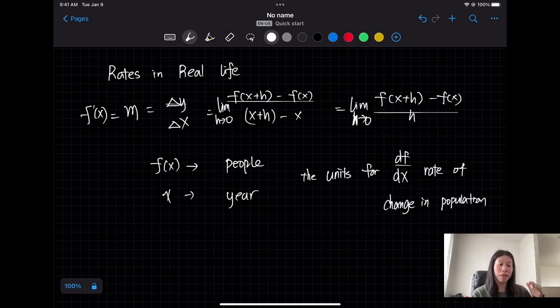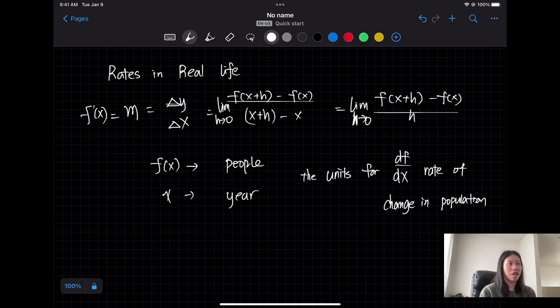So far before this class, maybe you've learned the rate of change would be linear, right? But we know that in reality, this is not true. In reality, each year the rate of change is different. So from now on, it's more accurate to measure the rate of change using the derivative instead of simply the average rate of change, right?